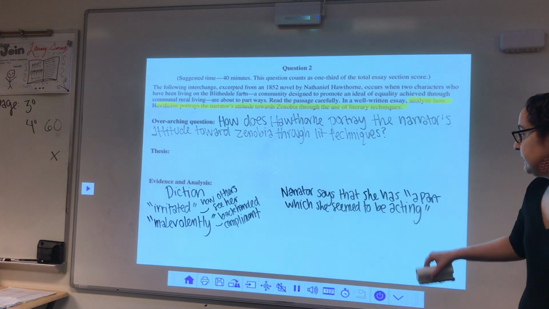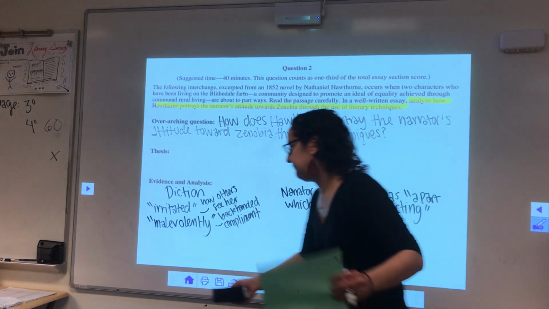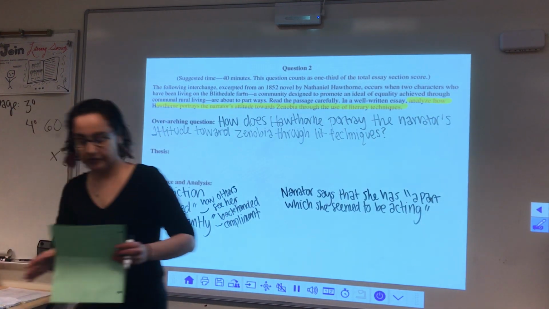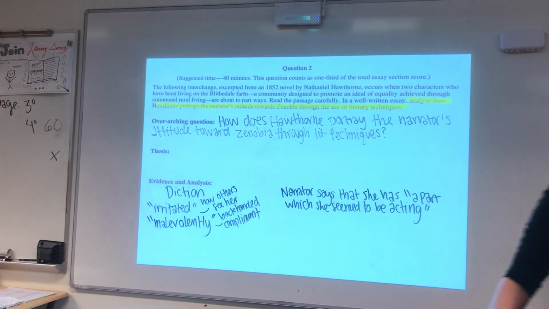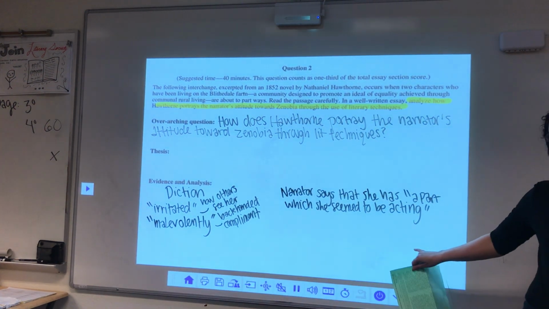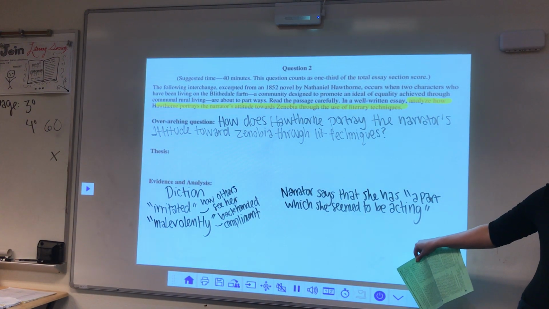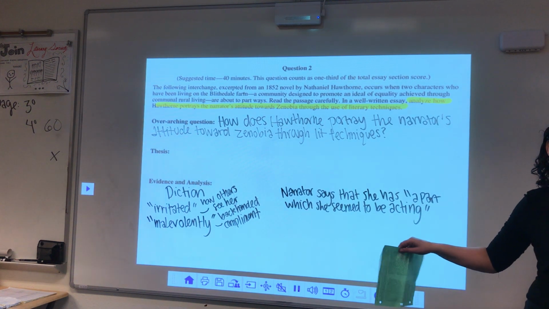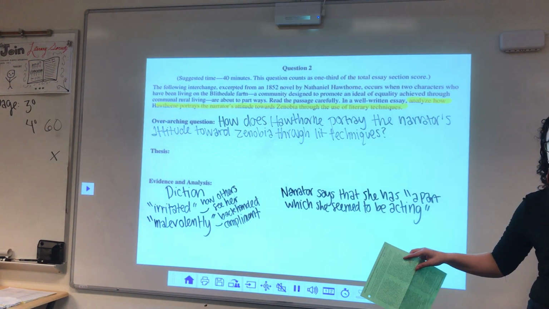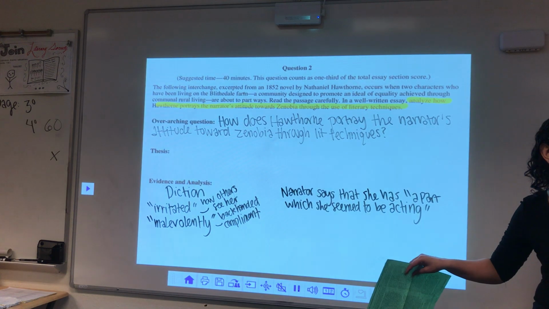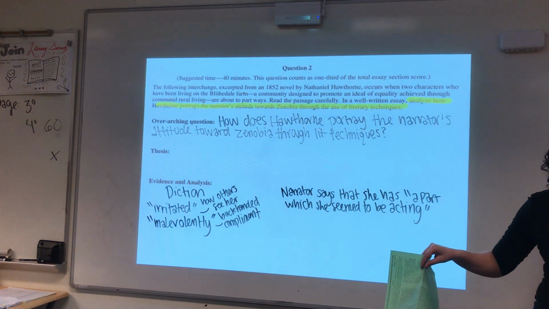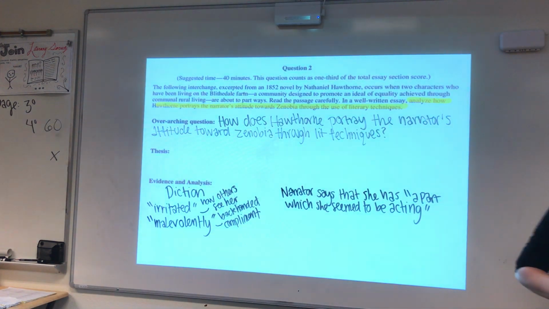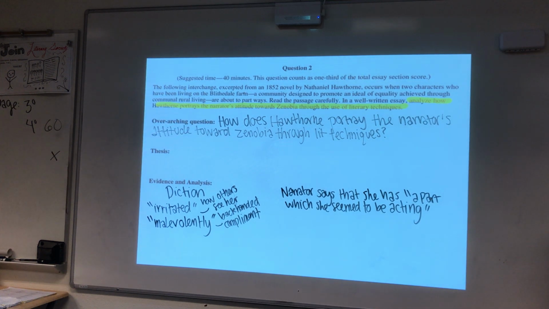We just have to say that the author describes the speaker's attitude as such, and then what effect it's having. You're describing how it works, but you don't necessarily have to label what it is if you're not quite sure. Does that make sense? If you don't remember what it's called, just describe how it's working. That's the analysis we're looking for.